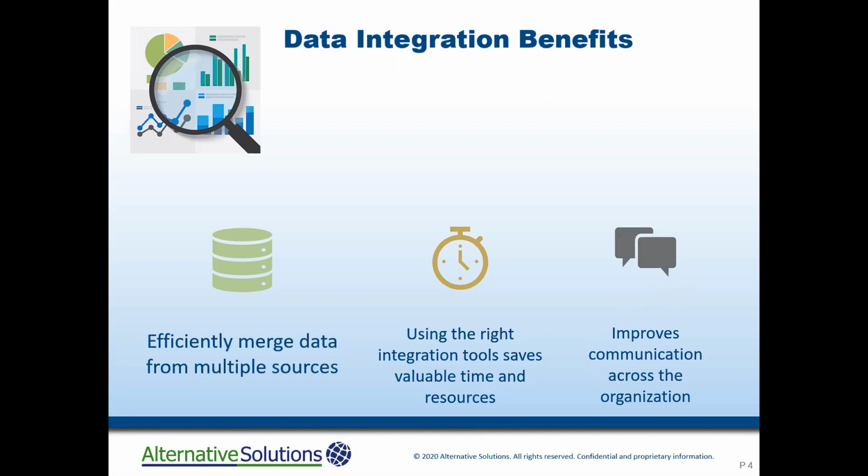We're going to see communication improve across the organization. So when we're talking about a record, like an order, if we can see the information from the back office team, from customer service, from every different group within your organization right on that record, communication's obviously going to be better.